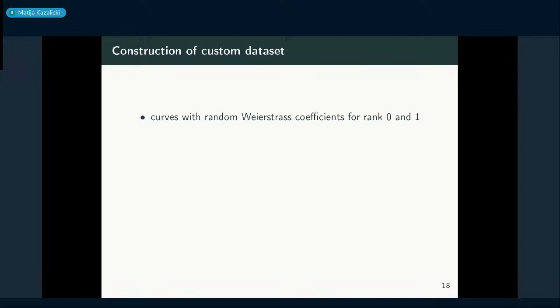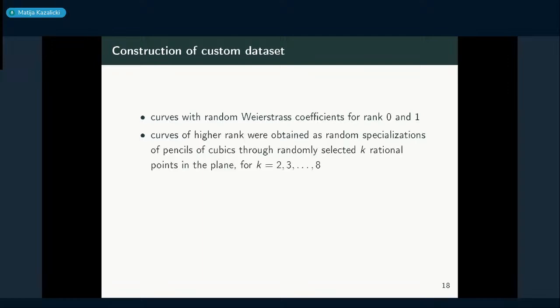So let me say a few words about the construction of this custom data set. For the curves of rank 0 and 1, we just randomly generated some Weierstrass coefficients. And for the curves of higher rank, we obtained them as a random specialization of pencils of cubics through randomly selected rational points in the plane.